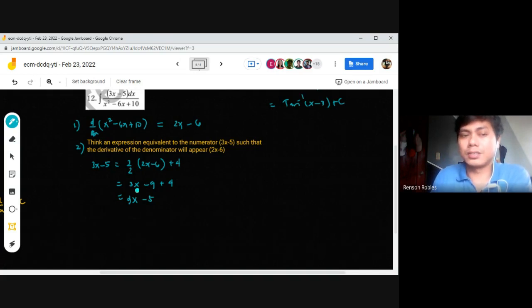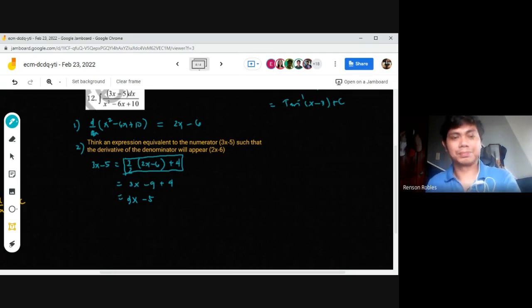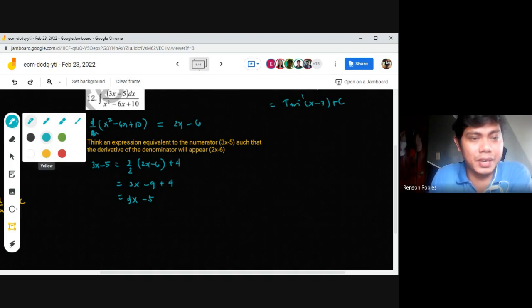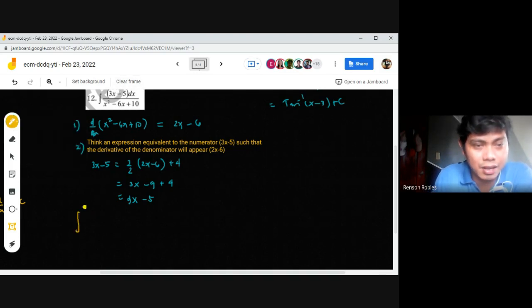So the 3x minus 5 here shall be replaced by 3 halves times 2x minus 6 plus 4. So we can now replace the integral of 3x minus 5 with 3 halves of 2x minus 6, and then plus 4.